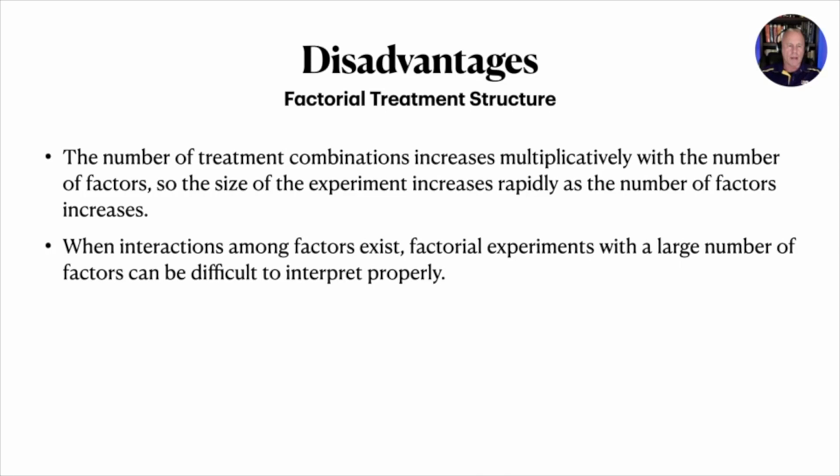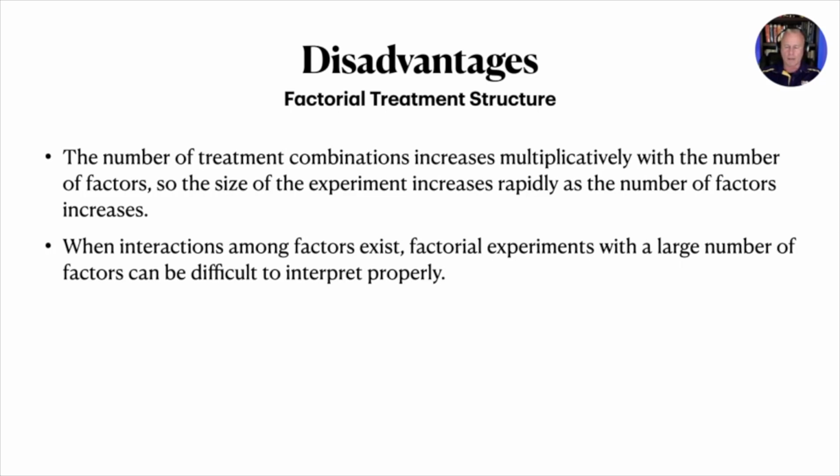When interactions among factors exist, factorial experiments with a large number of factors can be difficult to interpret properly. Now, that's certainly true. If you've got 8 factors in an experiment, which is not necessarily that unusual, especially in situations where researchers are trying to identify which factors are impacting the response, doing it in, for example, a preliminary study, some kind of a pilot study.